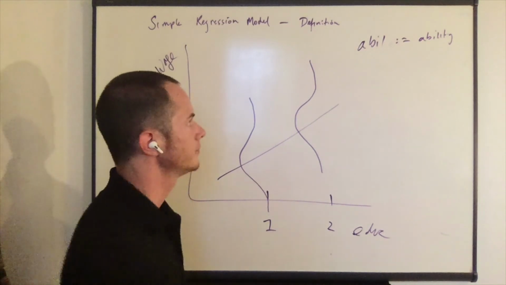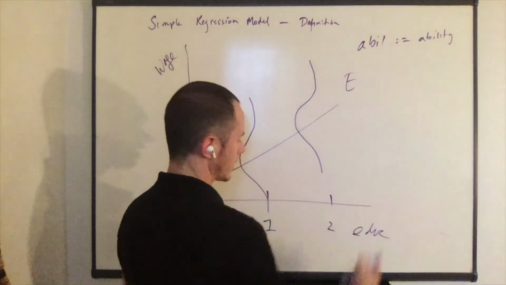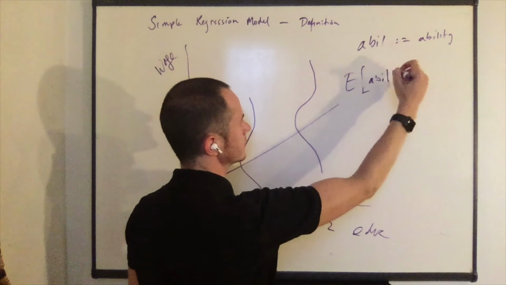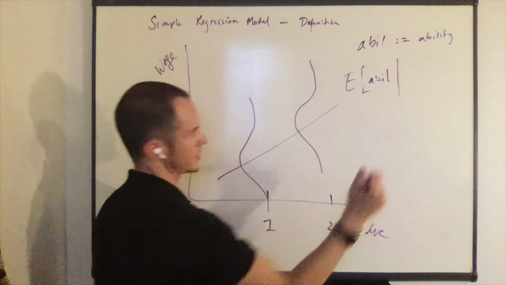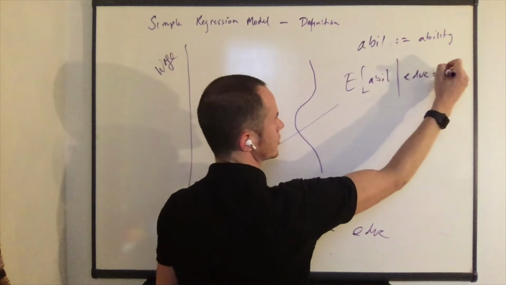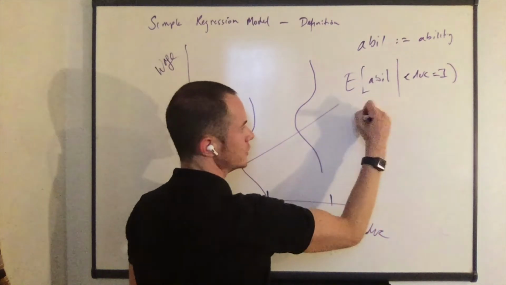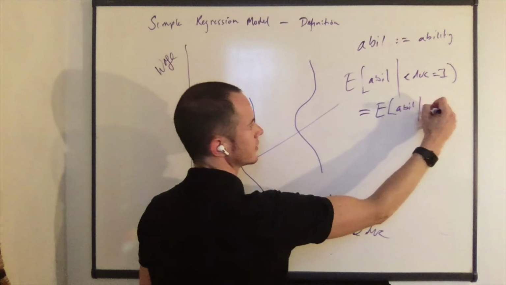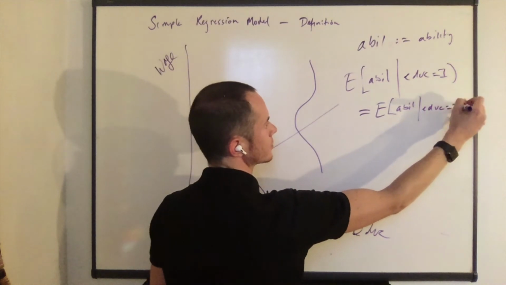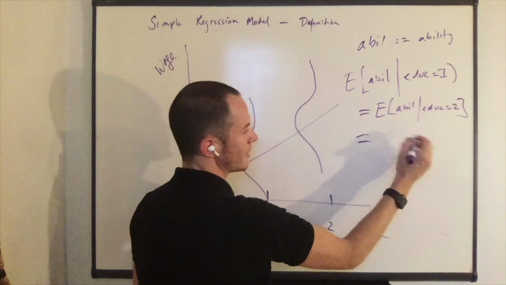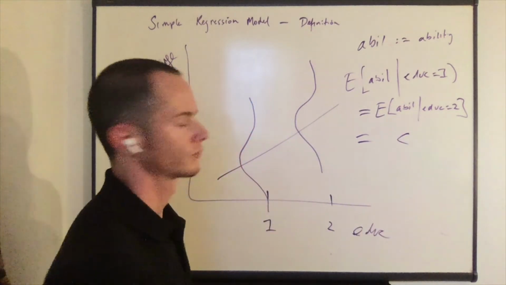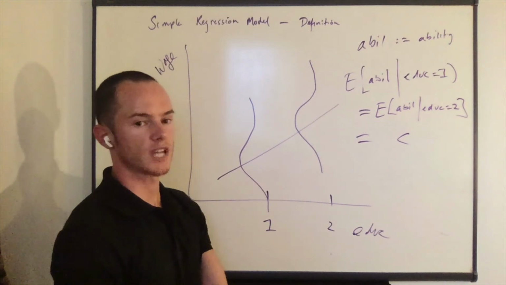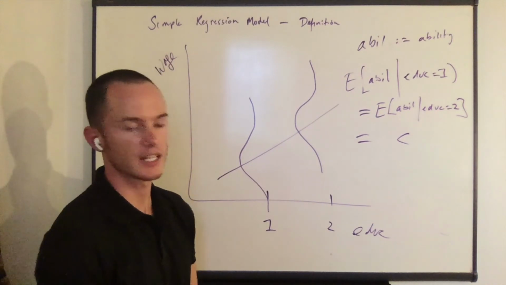So the expected value of ability given, say, education equals 1 is going to be equal to the expected value of ability given education equals 2, which might be equal to some constant. It is some unobserved constant. Why is it a constant and not 0?